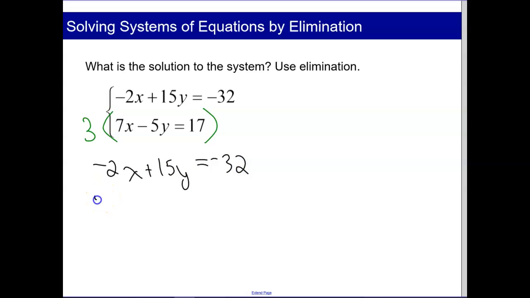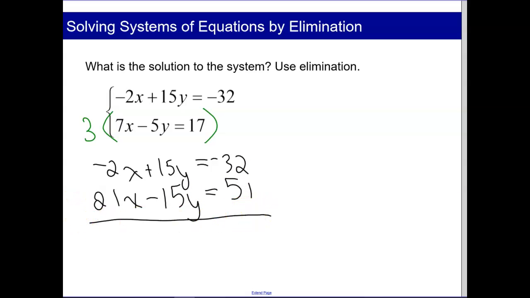And then I have 21x minus 15y equals 51. And notice I can eliminate my y's here if I add these two equations together. So negative 2x plus 21x, that's 19x. My y's zero out. 51 plus a negative 32, that's also 19.